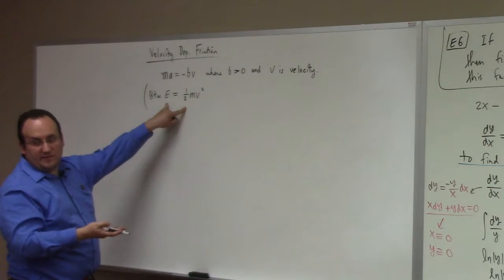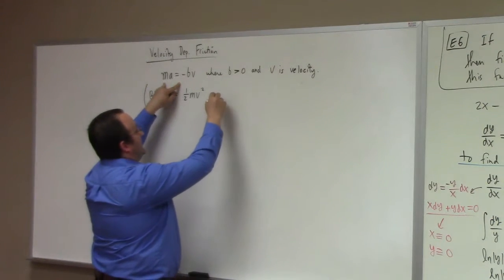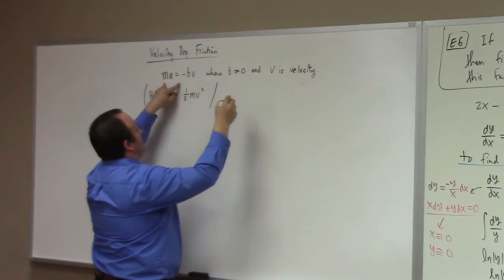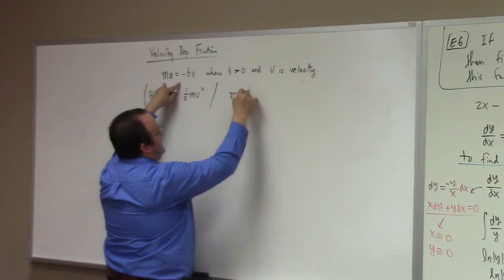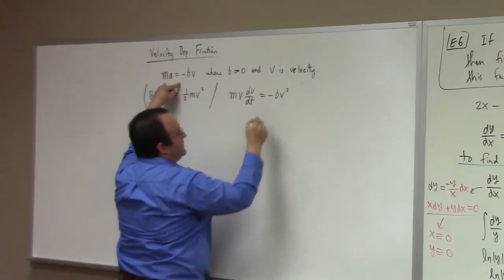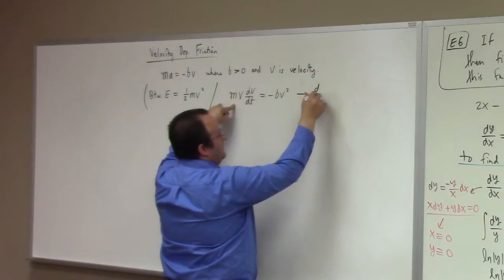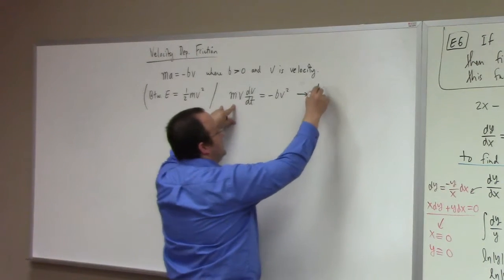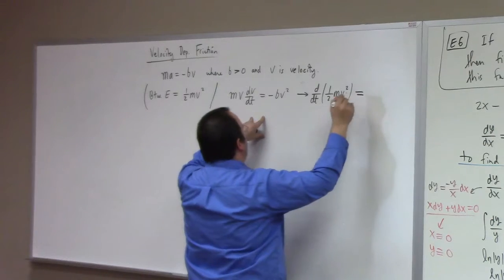There is no potential energy in this problem, right? If I take the differential equation that we're looking at and I multiply by velocity, what does it give me? It gives me mv dv/dt equals minus bv squared. Through the same math I just did, this says that the derivative with respect to time of 1/2 mv squared is equal to what?